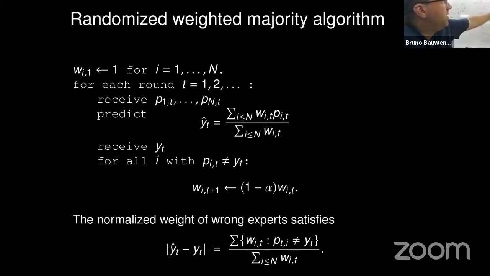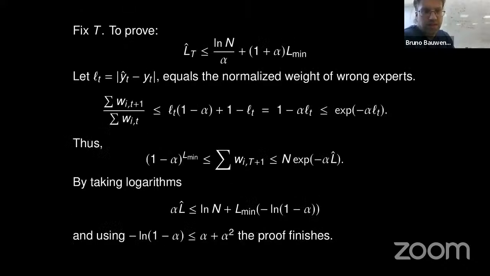We will use that the absolute difference between our prediction and the correct label is equal to the weight of all experts that were false. You can just think about the two cases and look at the formula and the prediction. Each time, the weight of predictors that predict wrong pushes this y away from the correct answer. Okay, that's the bottom line we need to remember. And then we can do precisely the same thing that we did already many times in the first lecture.